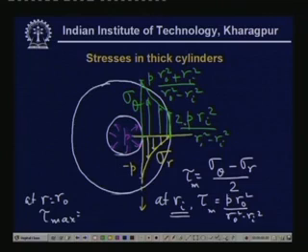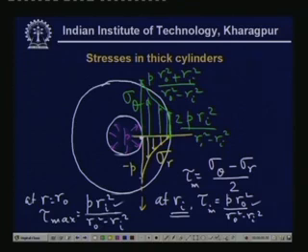So, therefore, sigma theta minus sigma r by 2 gives the result P Ri square divided by R0 square minus Ri square. So, definitely as R0 is larger than Ri, we can say that the maximum shear stress will be larger at R equal to Ri. So, when we want to design that, we will have to take this into consideration.